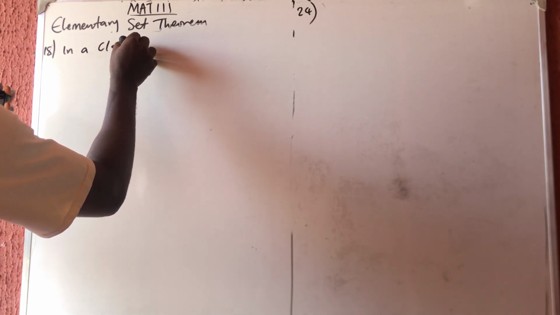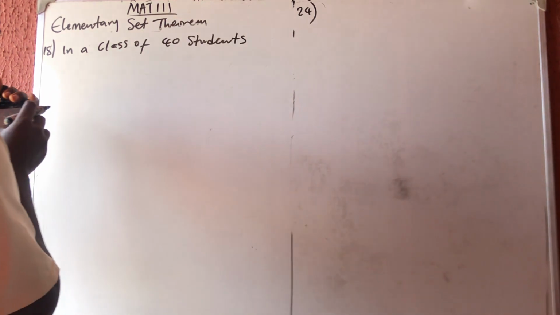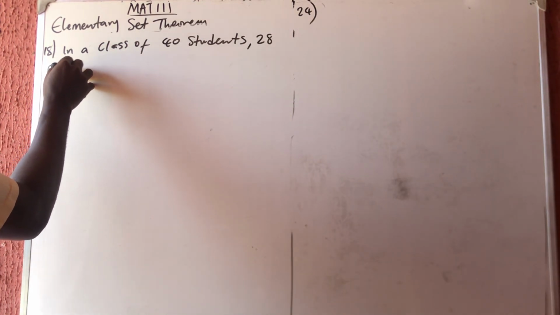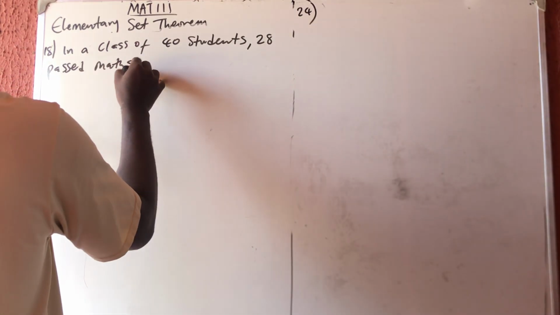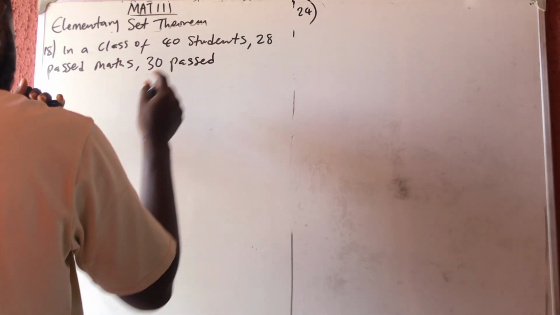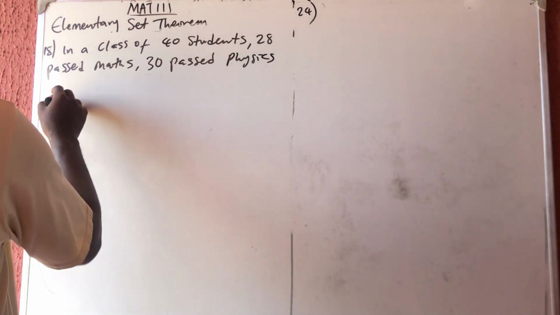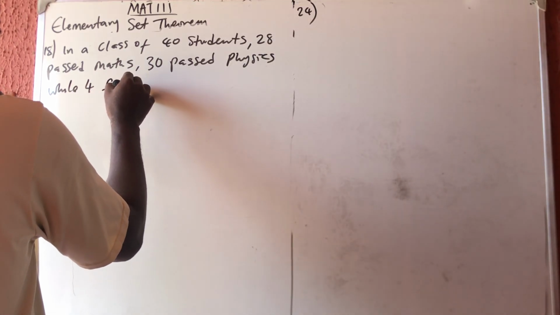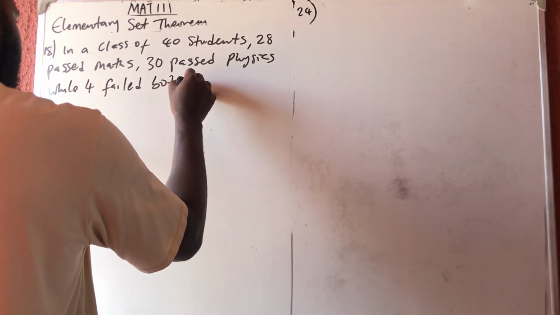28 passed maths, 30 passed physics, while 4 failed both. They now say failed both subjects.